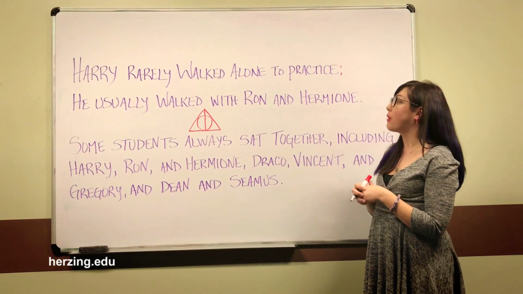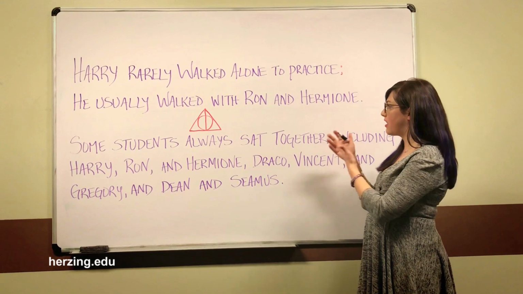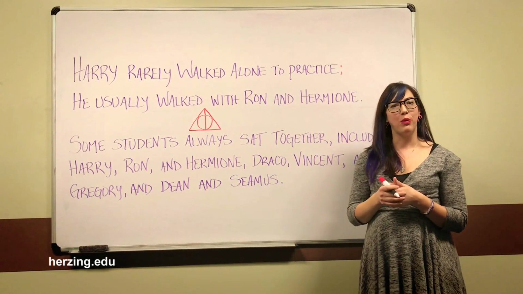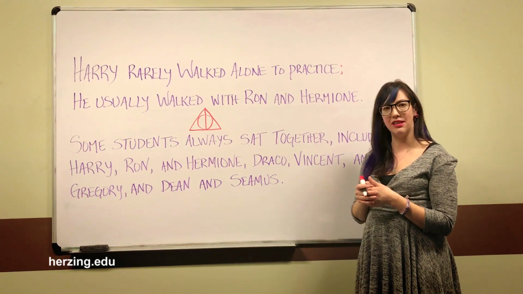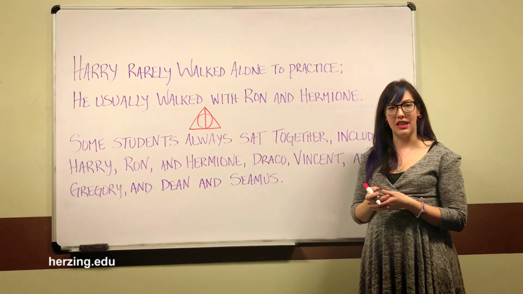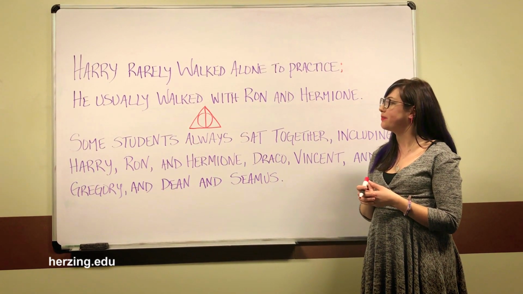Harry rarely walked alone to practice; he usually walked with Ron and Hermione. Now we know that he's usually walking with Ron and Hermione to practice. We also have a more interesting sentence. So two independent clauses connected with a semicolon to create one complete sentence.